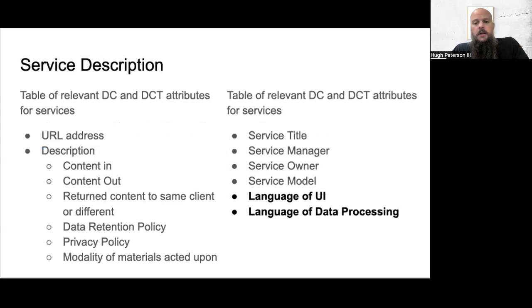So when we look at service description, I think we can use some of the Dublin Core elements and the Dublin Core terms to describe a service quite fully. But I want to say that we should think about service in contrast to other things that are possible in the DCMI types vocabulary, and to qualify as a service, it should do at least two things.